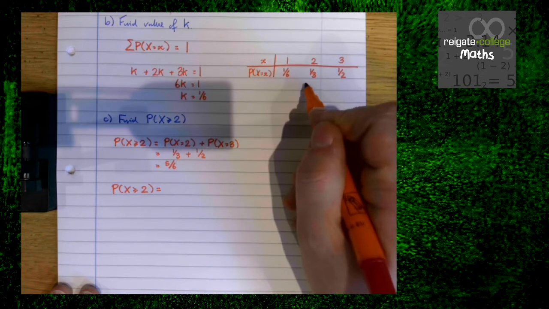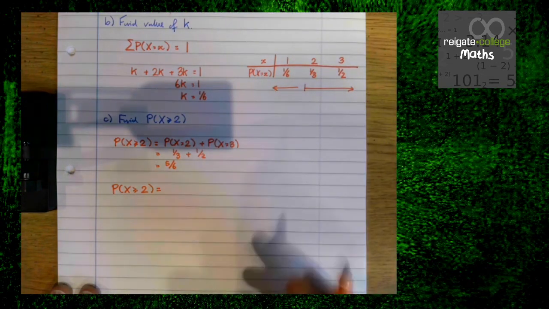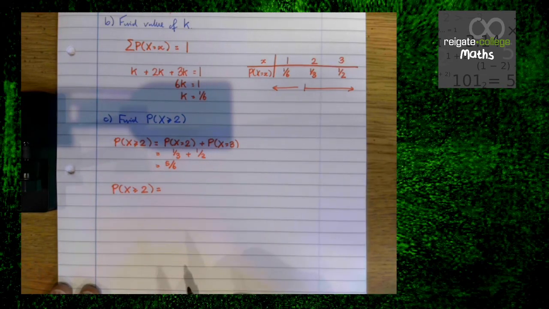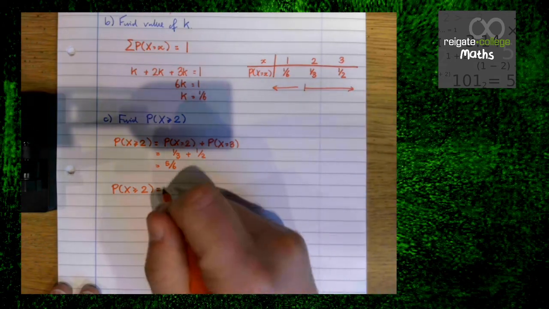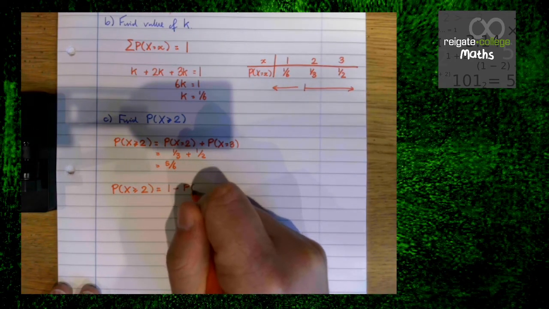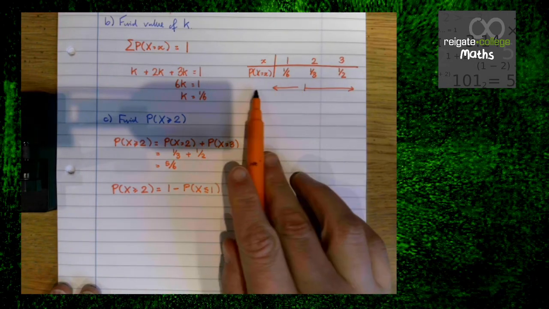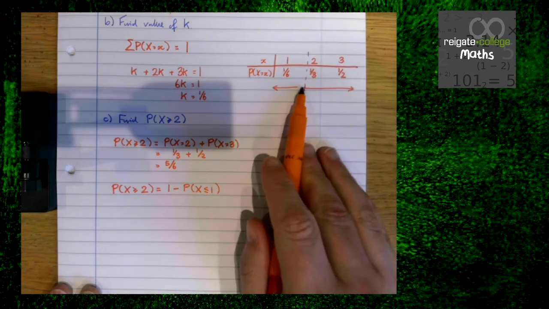We want these outcomes, which means we don't want those ones. Now I'm going to be a bit general here, but then we'll make it specific to this question. We want 2 or greater, which is the same as 1 or less. Okay? Because we want 2 or greater, that's the same as 1 or less.